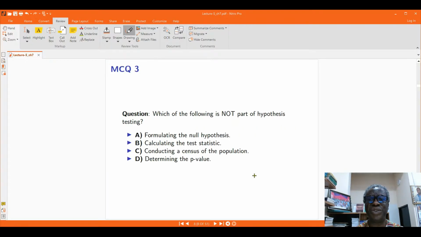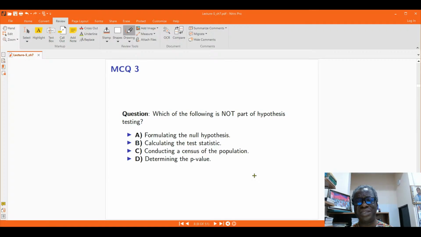Next is, which of the following is not part of hypothesis testing? You've not done this, but this is to prepare you for the lecture. A, formulating the null hypothesis. B, calculating the test statistic.